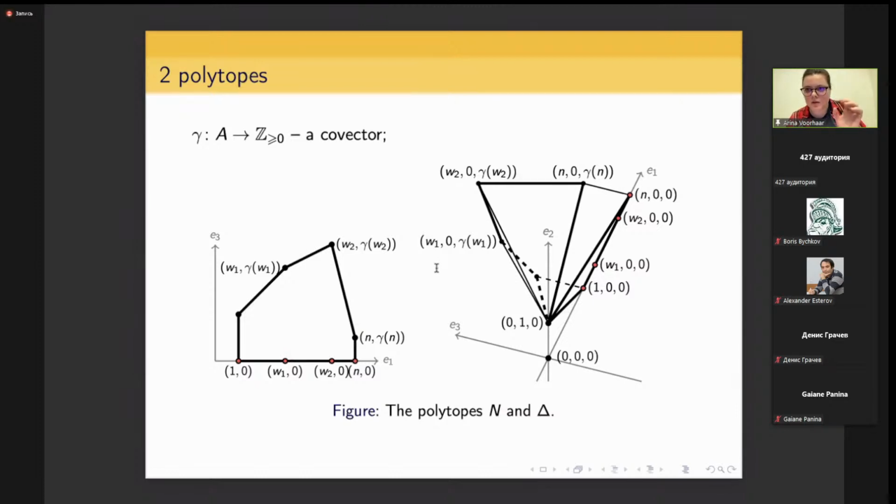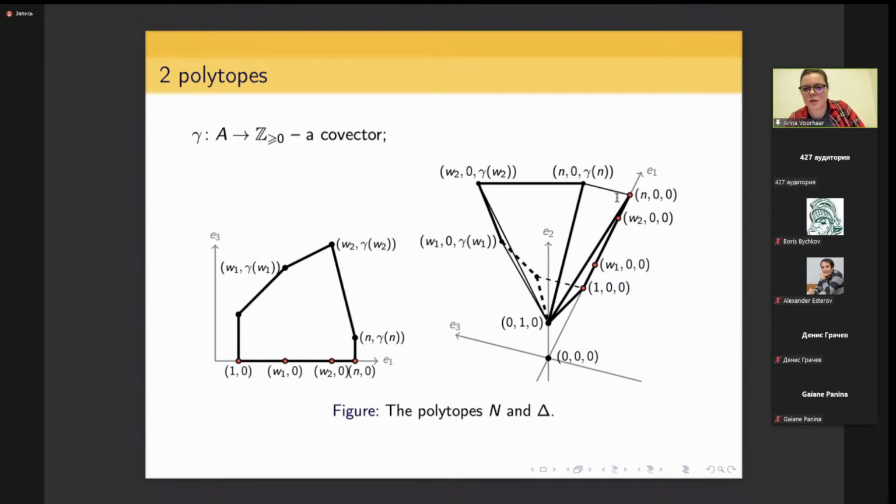Here's a little reminder of what polytopes we are working with. So this is this polytope N gamma, the 10th. And then if we add this new variable and consider the polynomial f_t,x minus y, then its Newton polytope is a pyramid with the base, which is the same 10th.